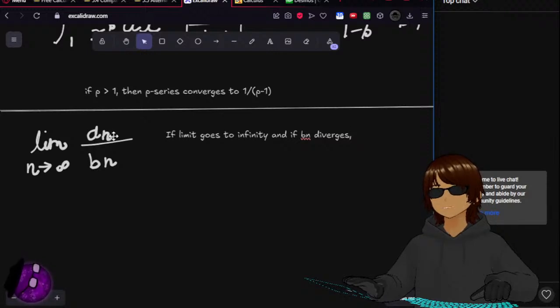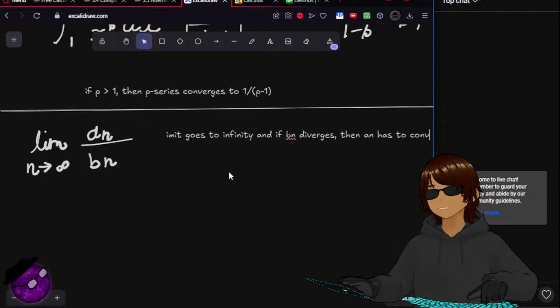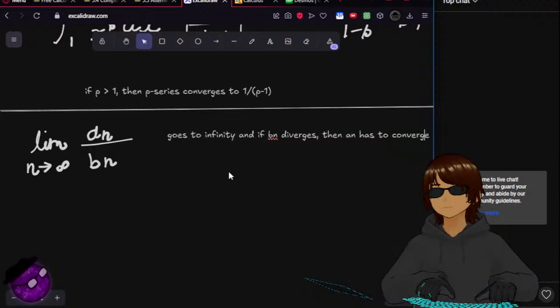An also has to diverge. Otherwise, the limit would be a particular value.